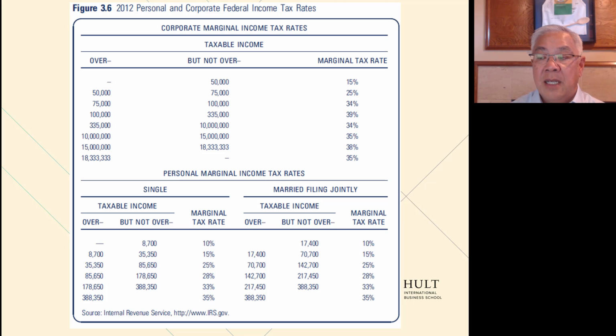The top section is for corporates, C corporations specifically. So you can see what we call a progressive rate. Progressive doesn't mean that it's nice. Progressive means that it gets higher as you go. But notice there's a little bump. So it goes 15, 25, 34, 39. So it goes up. Then it drops back down to 34, 35, 38, 35.